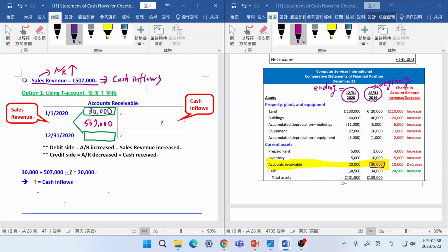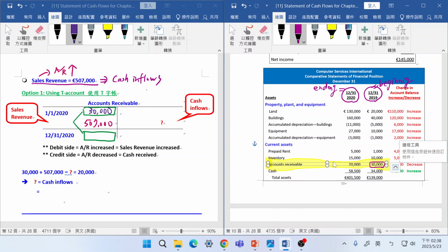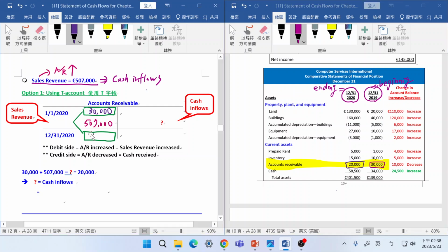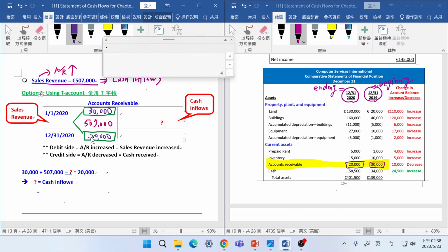Ending balance, how much? $20,000. So you just put the number into your ending balance on the T account, $20,000. Okay? So do you know the beginning balance and ending balance? Yes, from your balance sheet. Do you know your accounts receivable increase?